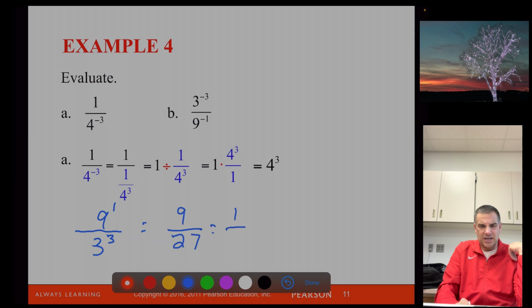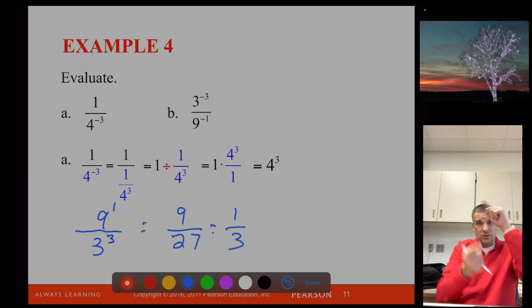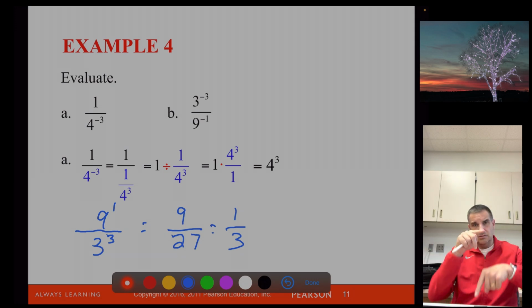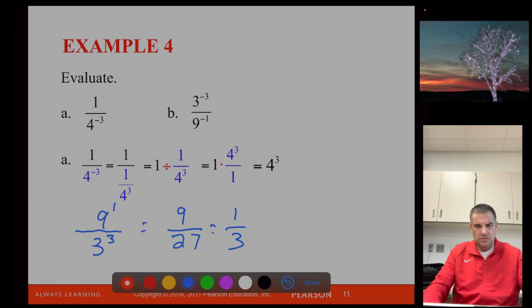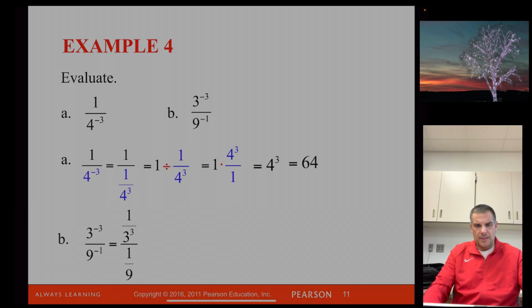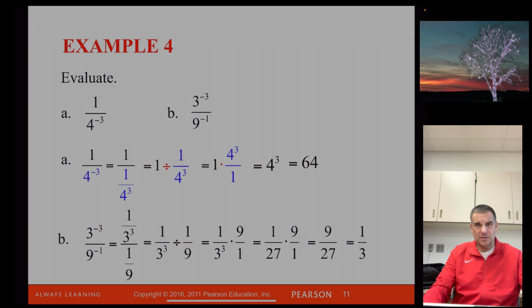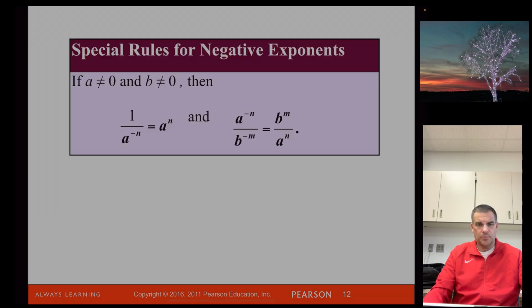And then you could reduce that to 1/3. Okay, so just put them in the other place. If it's in the numerator, move it to the denominator. If it's in the denominator, move it to the numerator. Okay. They did a complicated way, we get the same thing, 1/3.